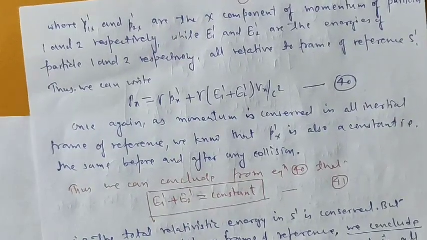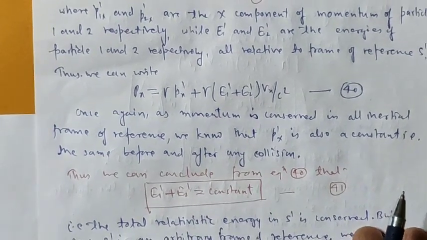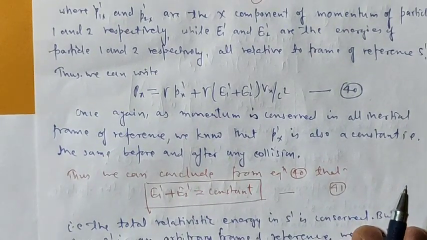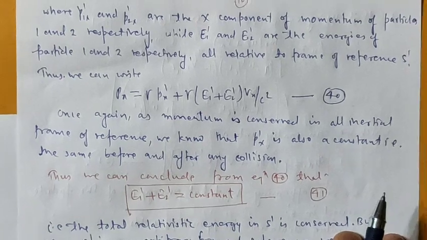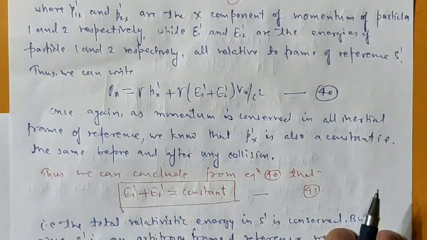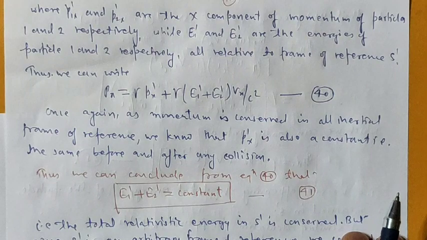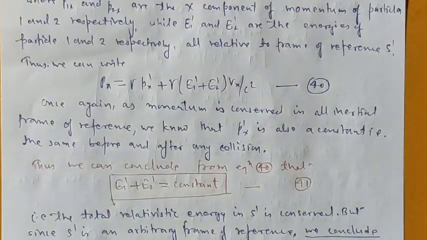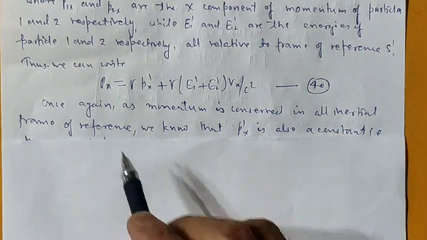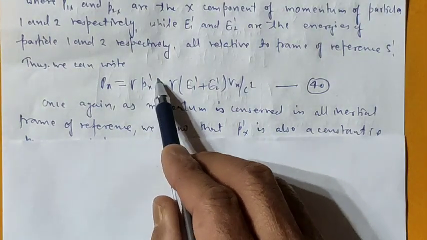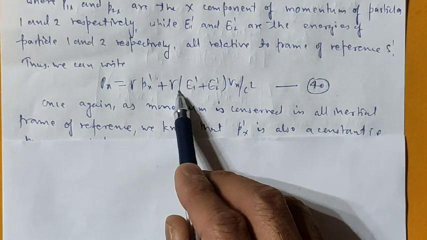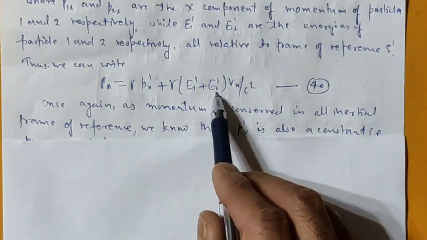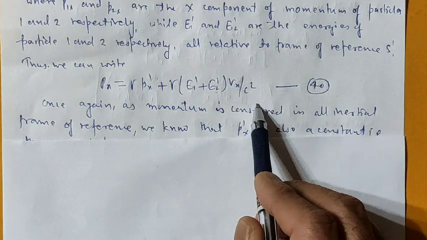Here p1x prime and p2x prime are the x components of momentum of particles 1 and 2 respectively, while E1 prime and E2 prime are the energies of particles 1 and 2 respectively, all relative to frame of reference S prime. Thus we can write Px is equal to gamma Px prime plus gamma (E1 prime plus E2 prime) Vx divided by c square.